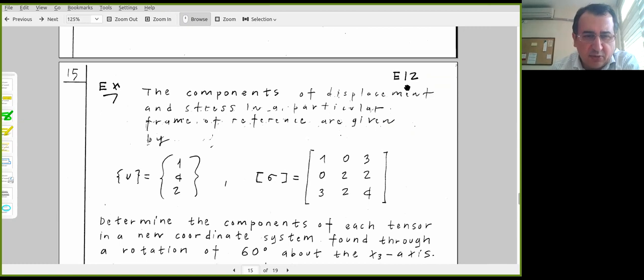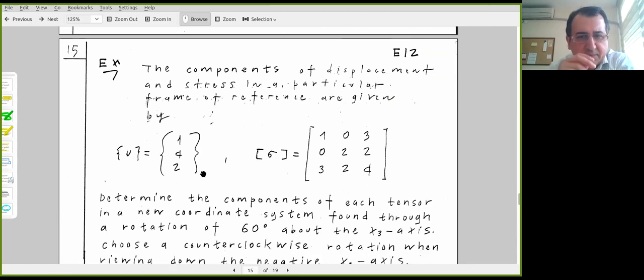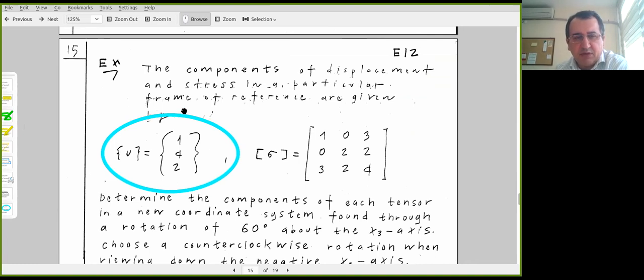Certain units had to be given as well, but these are either dimensionless or they have appropriate units. This vector u is the displacement vector, it has three elements, and this is the stress.